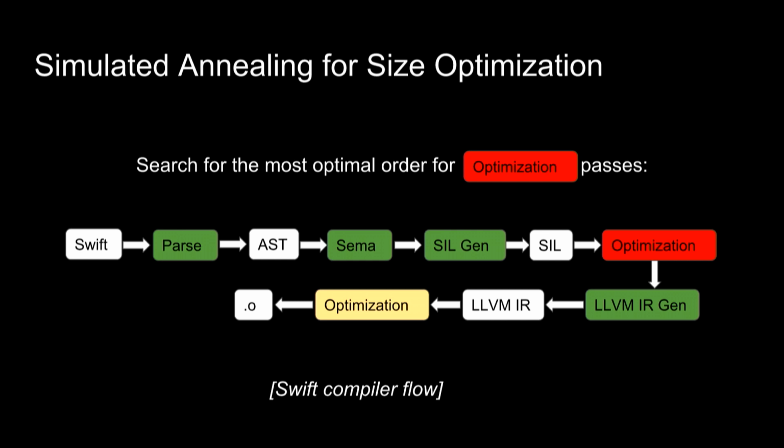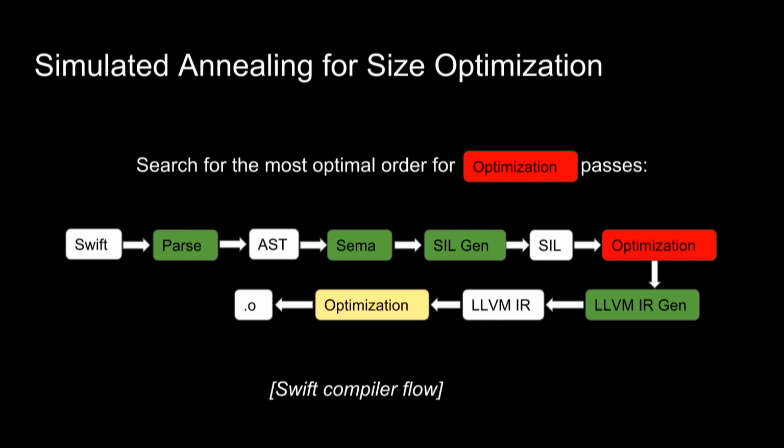Now let's talk about optimization. Usually, a compiler optimizes for speed. In some cases, this can increase the code size, for example, when inlining or loop unrolling. But in other cases, it can reduce size, for example, dead code elimination. We wanted to explore which combination of these optimization passes will give us the best balance of size and performance.